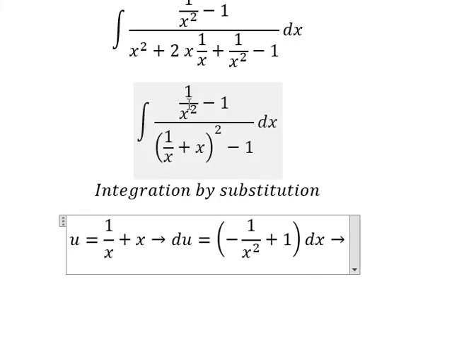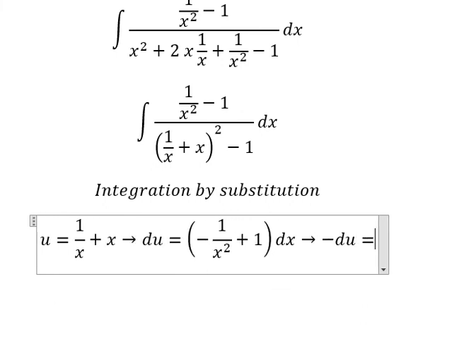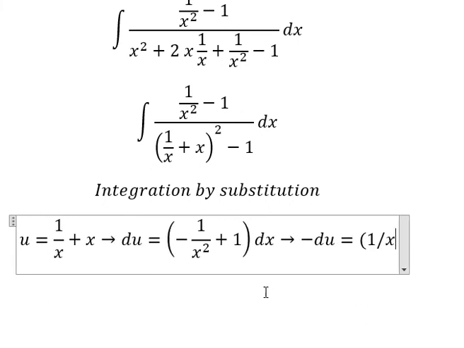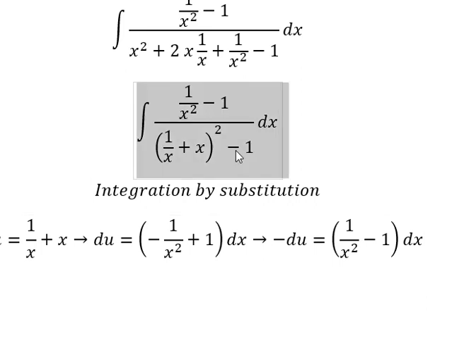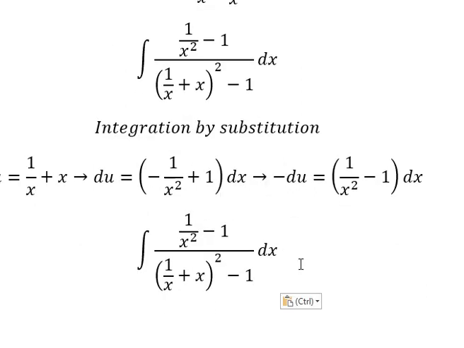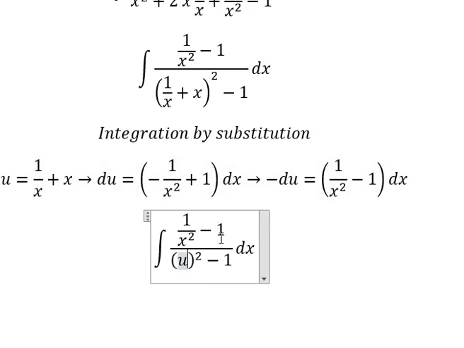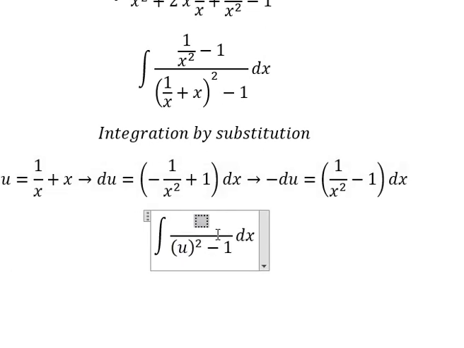This one is about 1 over s squared minus 1. So we put the negative side for the both sides. So we have 1 over s squared minus 1 ds. So this one in here we change by u. This one in here with ds we change for negative du.